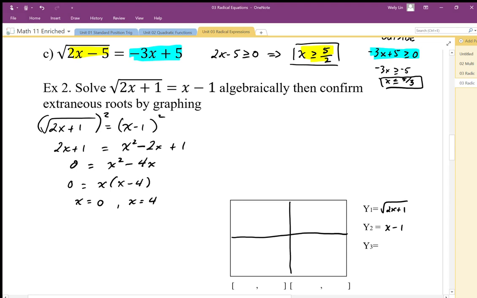So x minus 1 is going to be a linear function that looks like that, a straight line. And then the square root of 2x plus 1 is going to look like this.